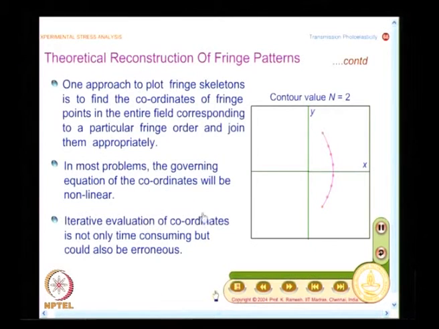So, the important aspect is that in most problems the governing equation of the coordinates will be nonlinear. Iterative evaluation of coordinates is not only time consuming, but could also be erroneous. So, an approach like plotting a fringe contour, taking a fringe order N equal to 2, collecting all the data points and connecting them as a contour is not the solution.